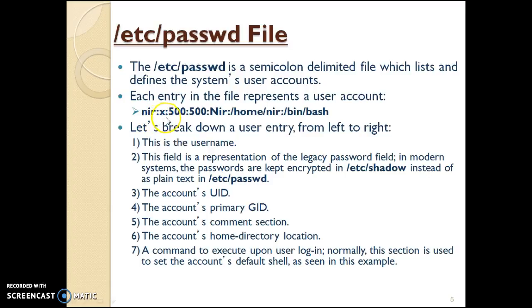We have a separator followed by the X, which represents the password of a particular user. X is just a placeholder value, as we have another configuration file called /etc/shadow, where we can find the encrypted password of the user NIR. Then followed by the user ID, the primary group ID, a comment section, the home directory of the user, and a command to execute upon user login.